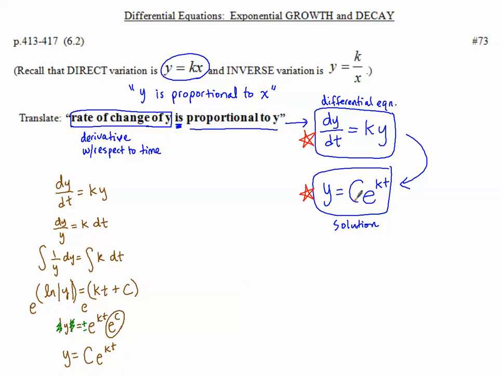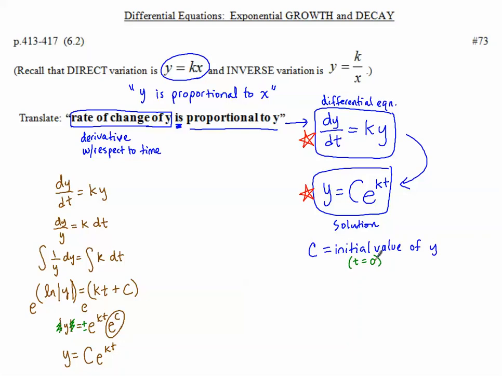The c, well, what can we say that represents? Let's take a look at what it means if I say c is the initial value of y. Initial value, well, what does that mean? That means at time 0, at the initial time when we start counting 0.